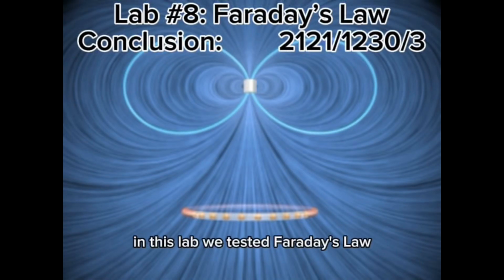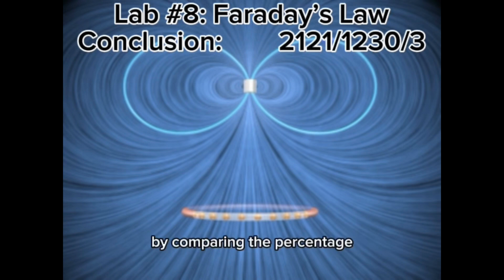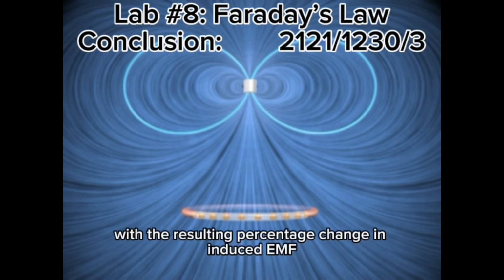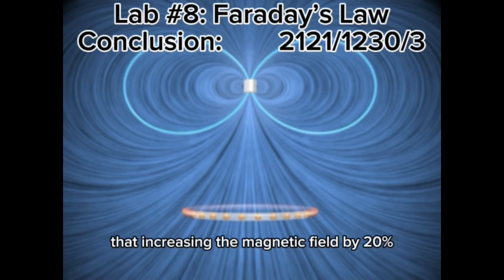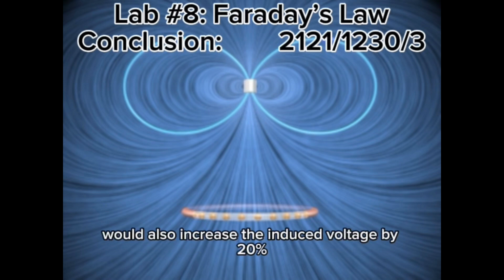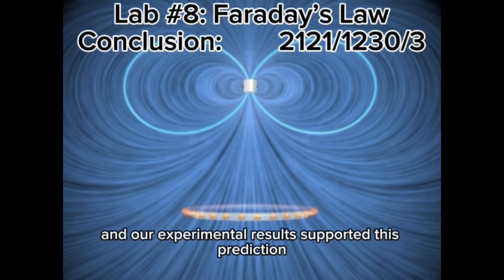In this lab, we tested Faraday's law by comparing the percentage change in magnetic field strength with the resulting percentage change in induced EMF. Our group predicted that increasing the magnetic field by 20% would also increase the induced voltage by 20%, and our experimental results supported this prediction.